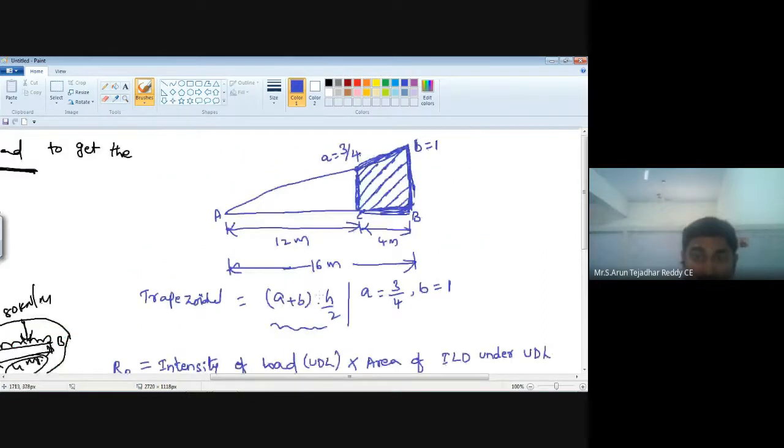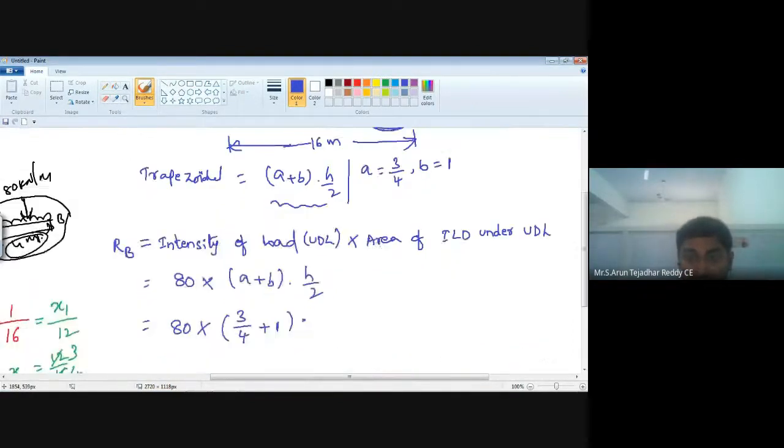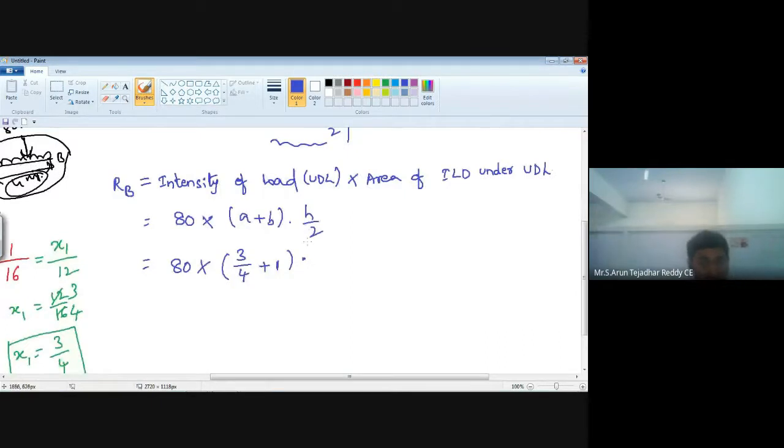You can take only this area of the shaded portion. Already 3 by 4, 1 completed. Remaining is 4 meter. So here H is 4 meter.